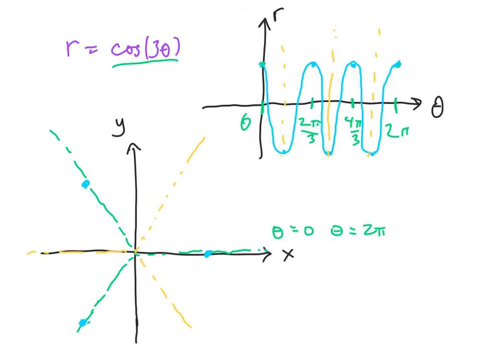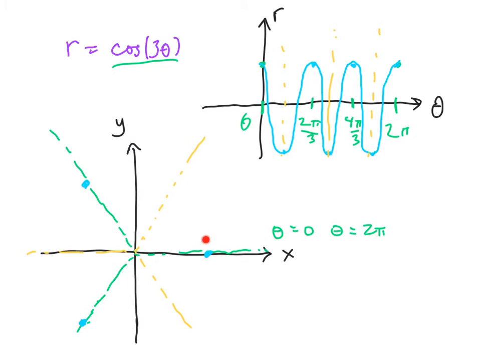So the question now becomes, all right, how in the world do we get between these points? Well, let's just think about what happens as I go from this point to this point. So as I go from r equals 1 to r equals -1. Remember, that was from here to here. So what's going to happen is, this is the greatest that my radius is ever going to be.